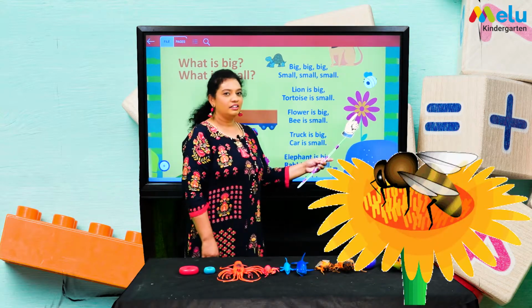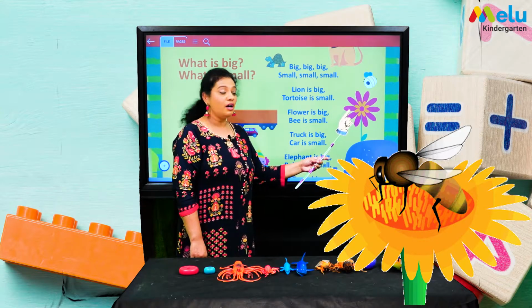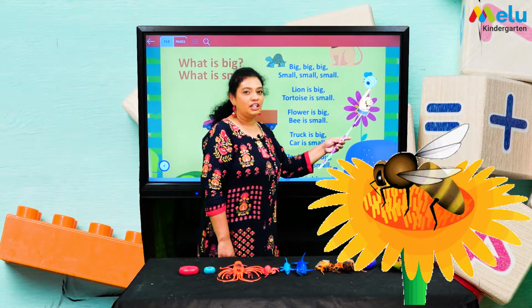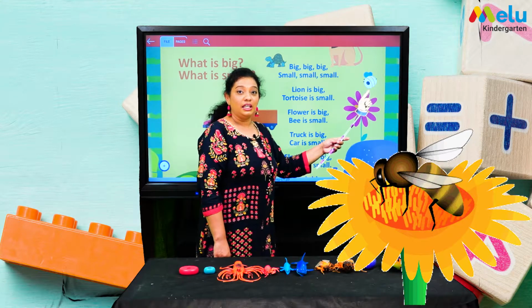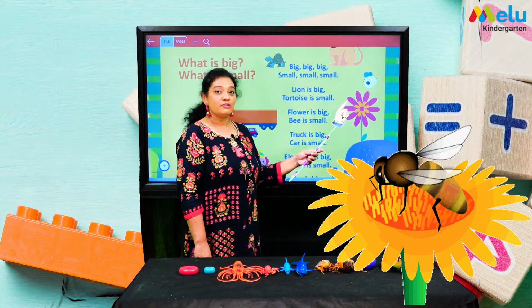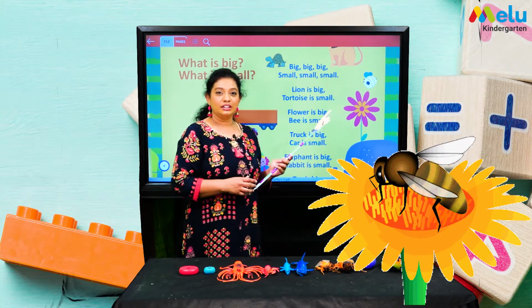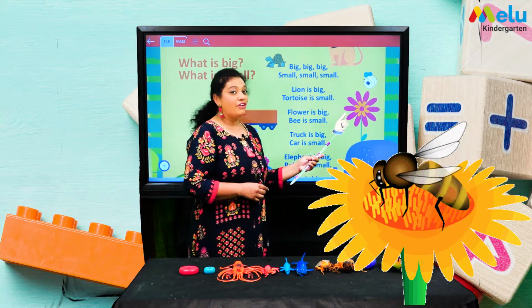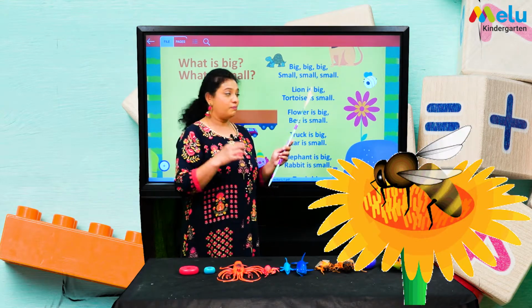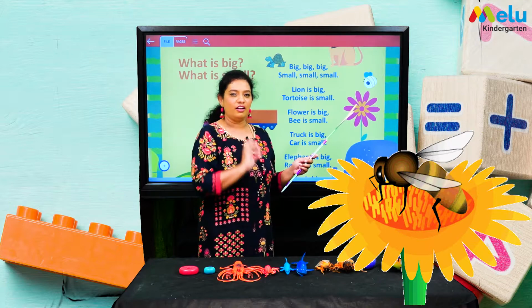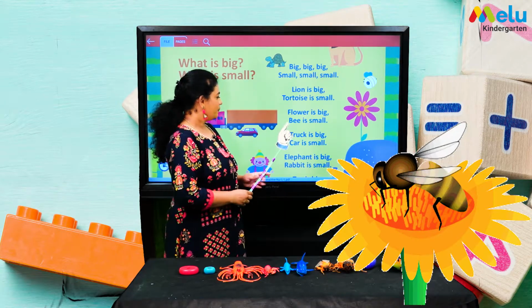See here. There is a beautiful flower and there is a bee. So there is an insect, a bee. And now tell me, is the flower big or is the bee big? Yes, the flower is big and the bee is small. Now let us see.